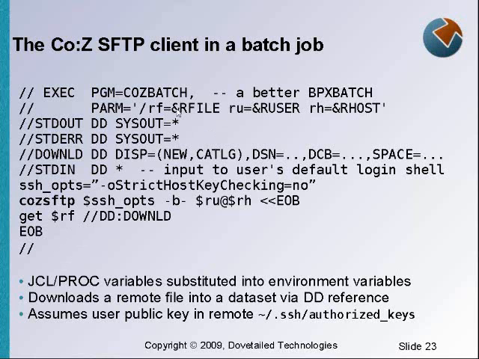The other thing you can do is pass in variables. You can say set this shell variable RF to be equal to &RFILE, meaning the proc variable RFILE, or this JCL set variable RFILE will be plugged into that RF Unix shell variable. So you can use this to pass in data from JCL into this shell.